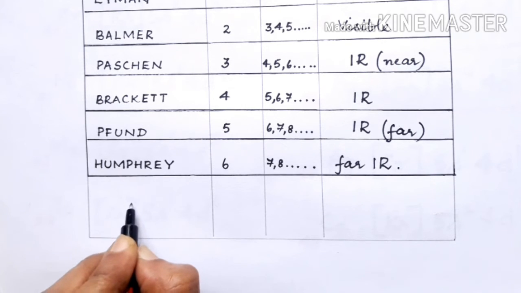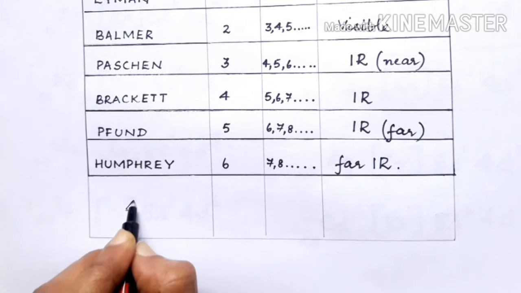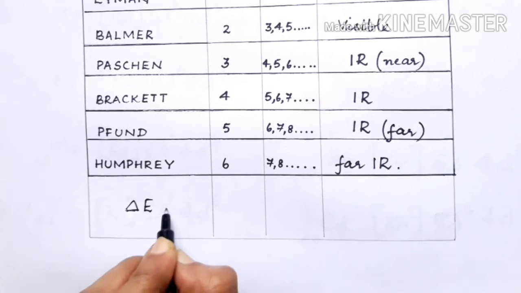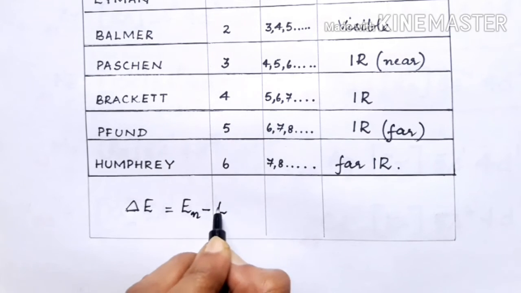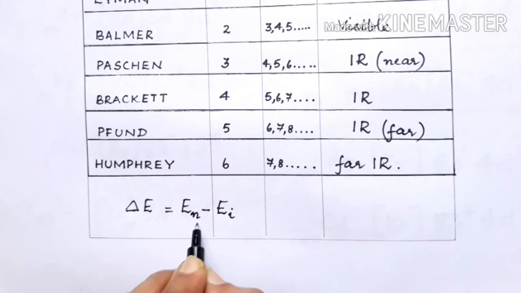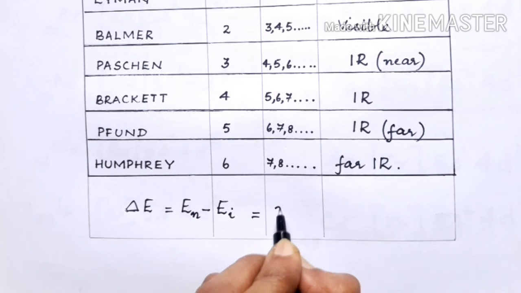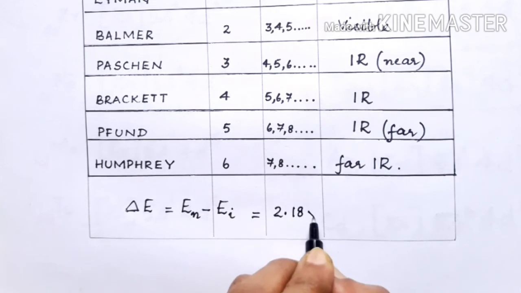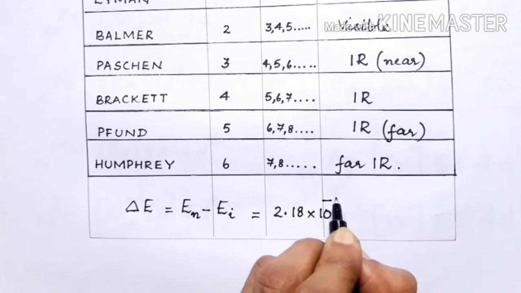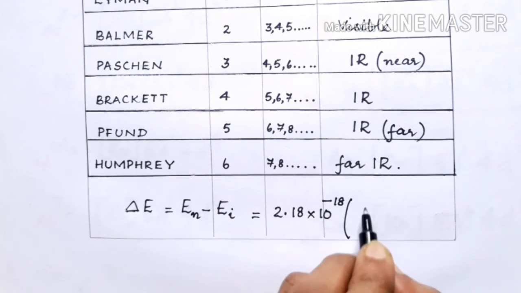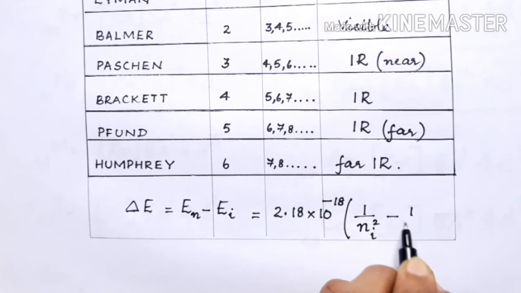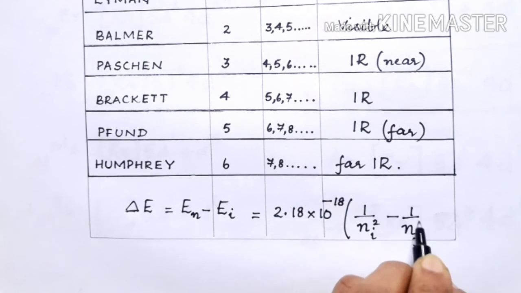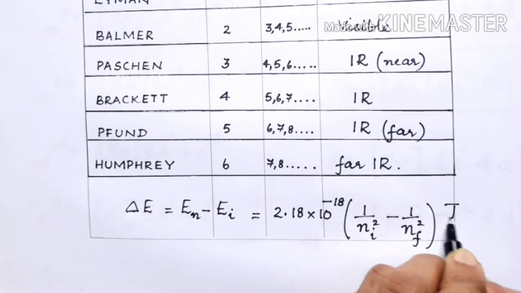He gave the expression delta E is equal to E_f minus E_i, that is E final minus E initial, which is equal to 2.18 into 10 power minus 18 into 1 by n_i square minus 1 by n_f square. This much joules.